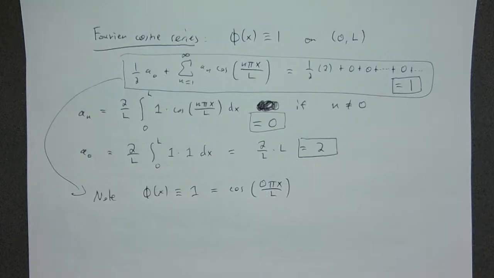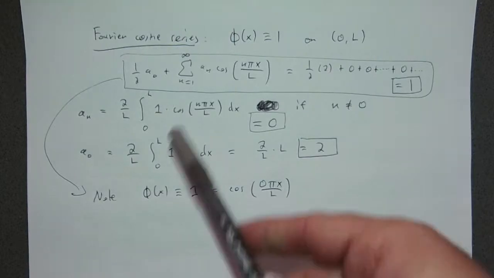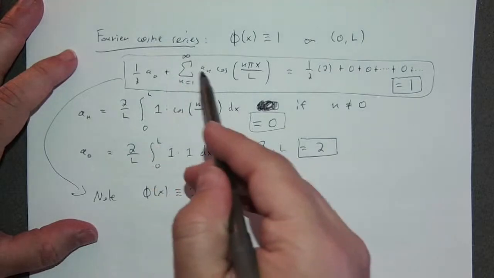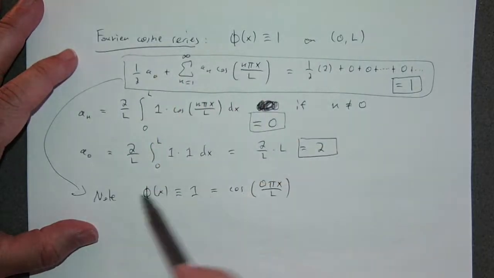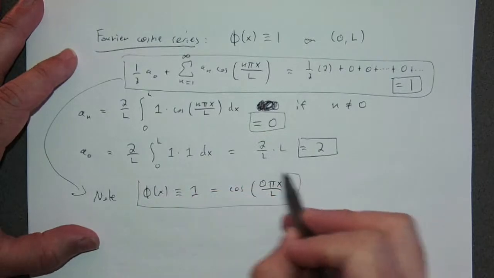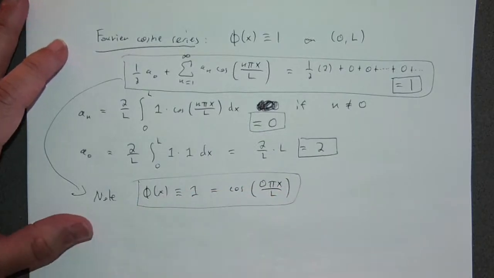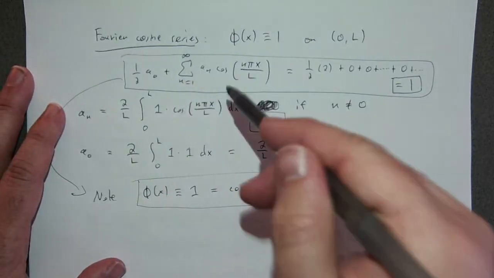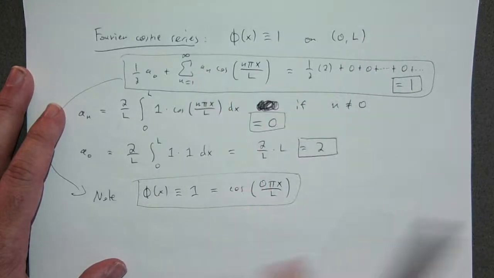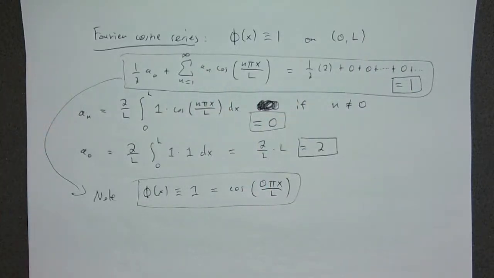The deal is that this cosine series lines up with our original function, because our original function is actually just one of the cosine n pi x's. It's just one of these values. So of course, the only non-zero coefficient there is going to be the one that picks out that value.